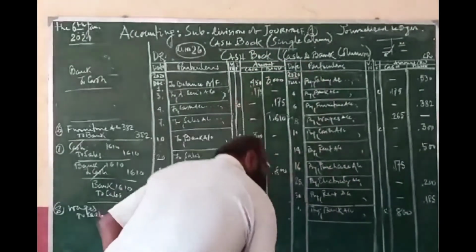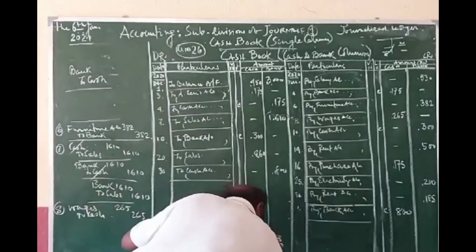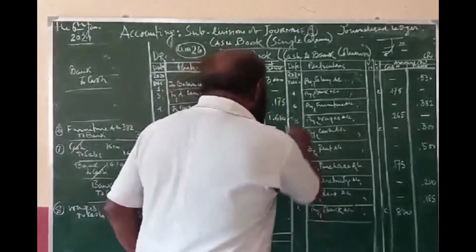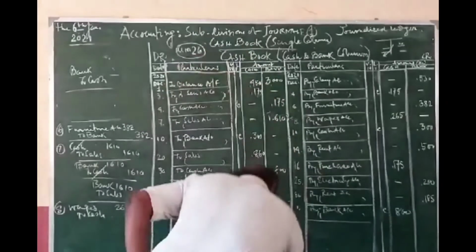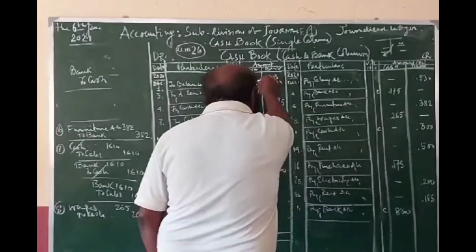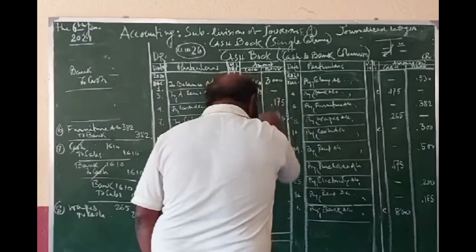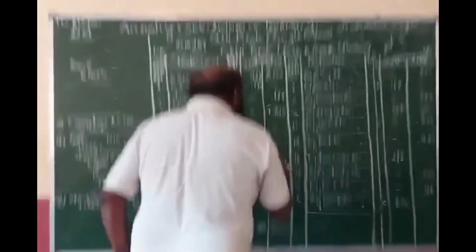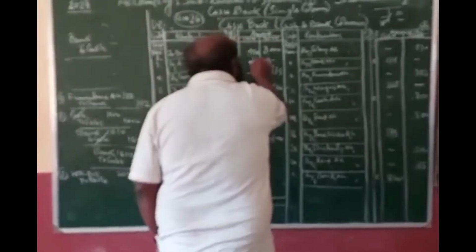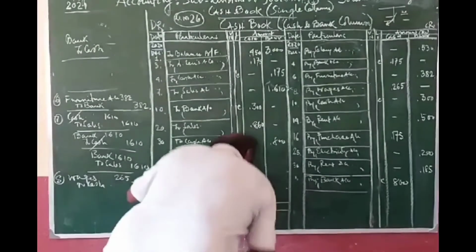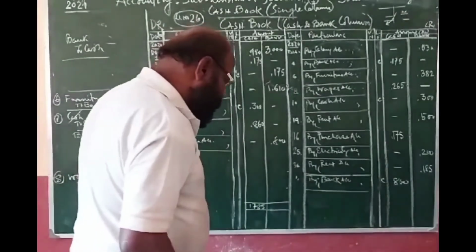What's the balance you are getting? It is 5, 5, 7, 18, 1785.